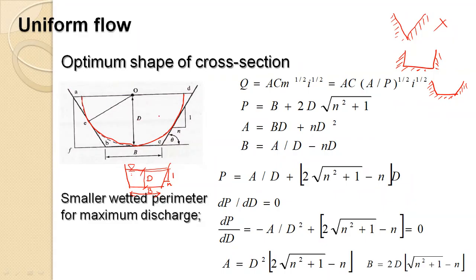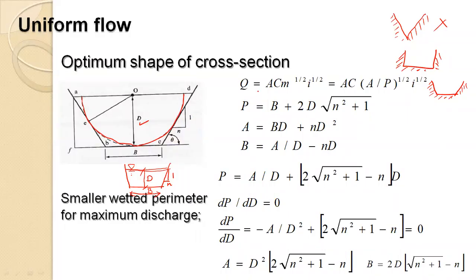And at the same time, you can keep the water depth the same and then maybe change the side slopes in order to change the area. So the flow area along this channel will be dependent on both this water depth D and this side slope 1 to n.